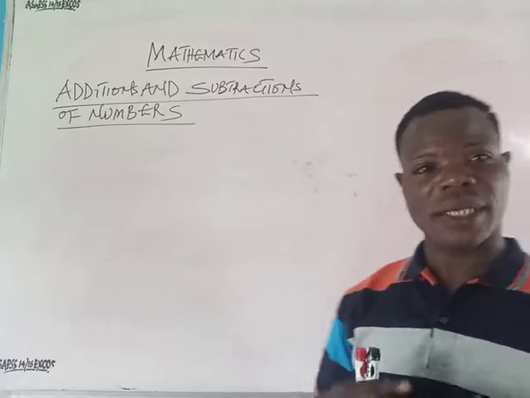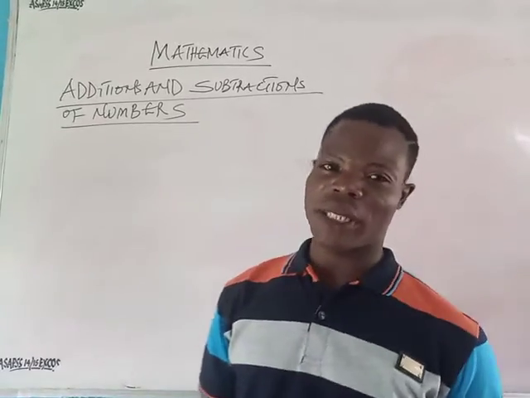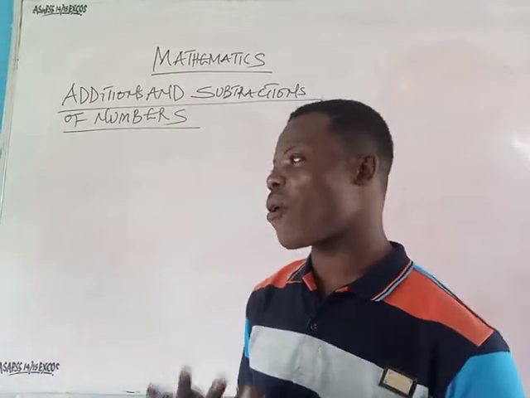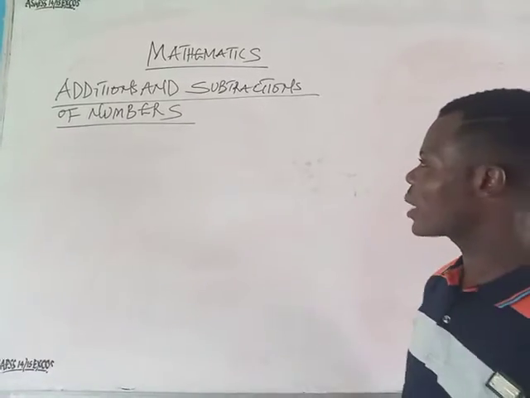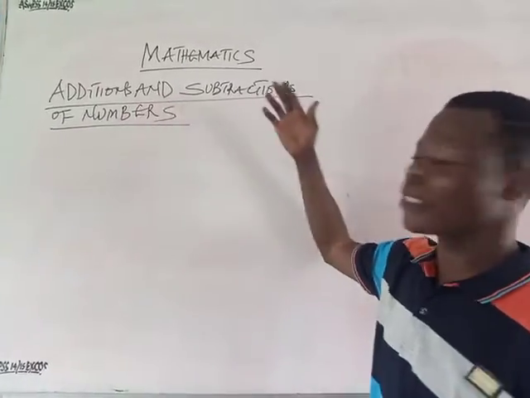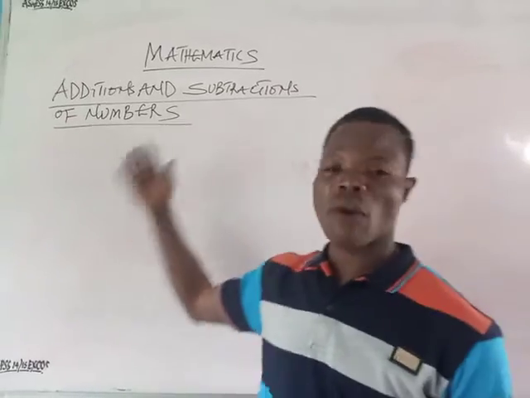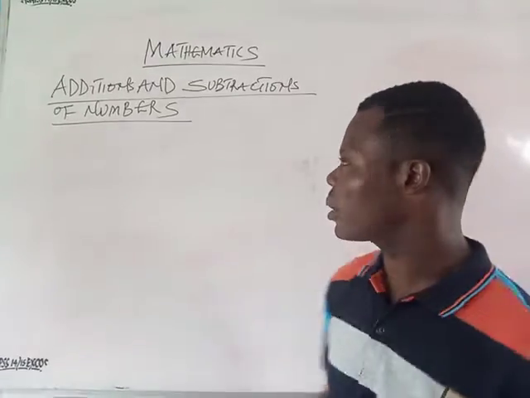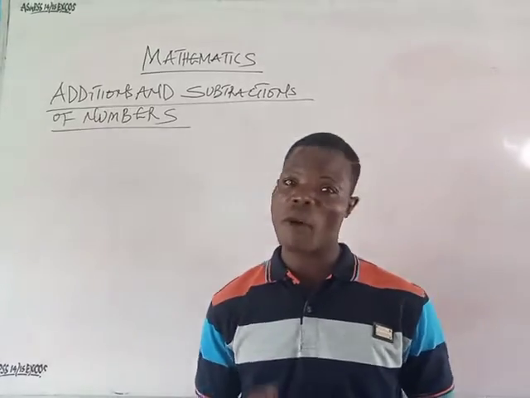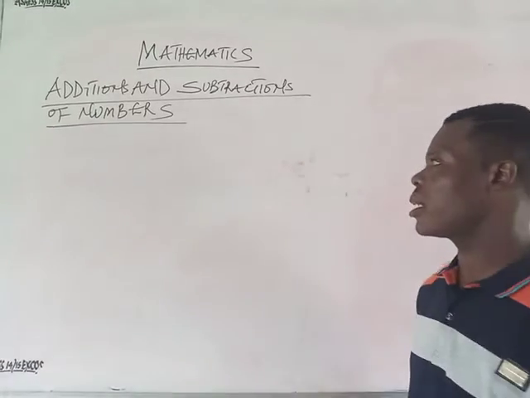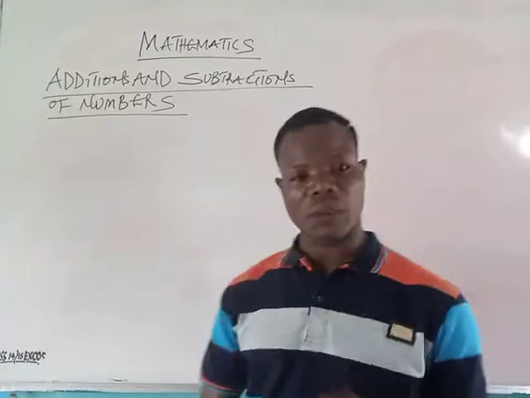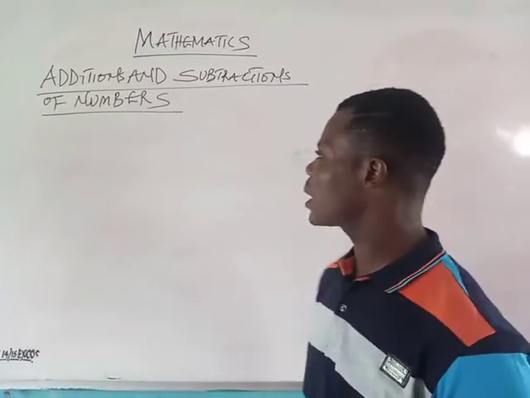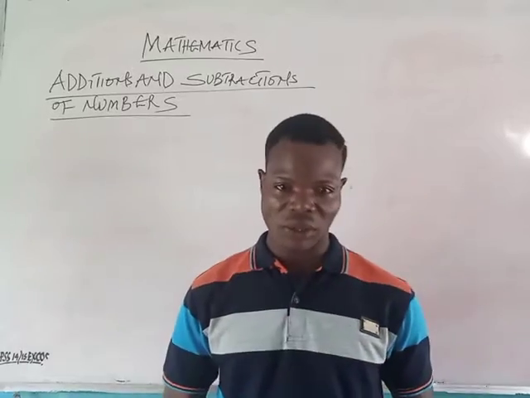Don't forget, yesterday we discussed operators in algebra. So we want to look at addition and subtraction of numbers with these operators. Don't forget, the operators I treated yesterday are addition, subtraction, multiplication, and division.